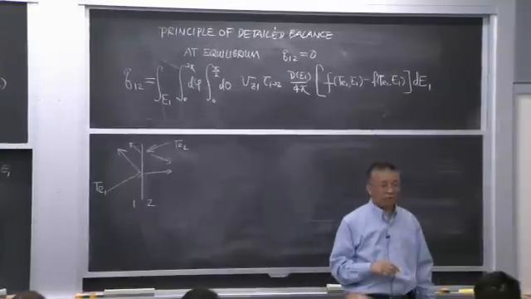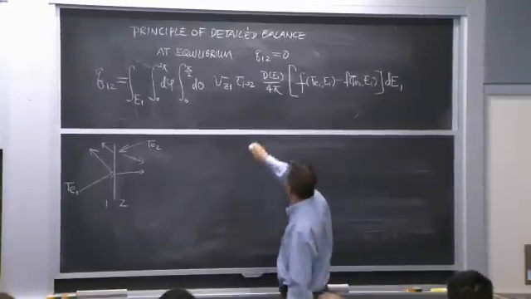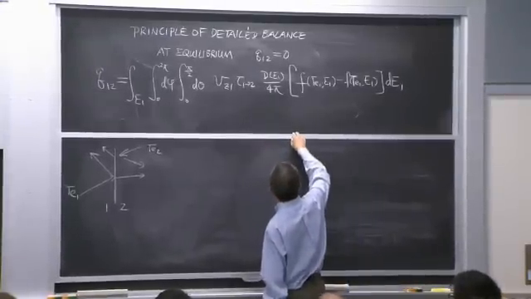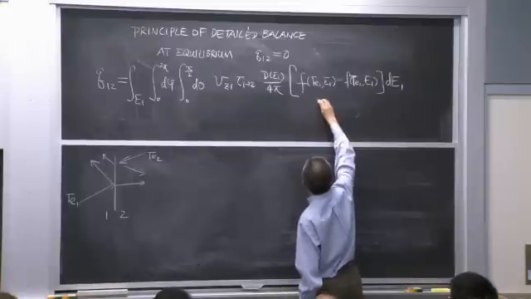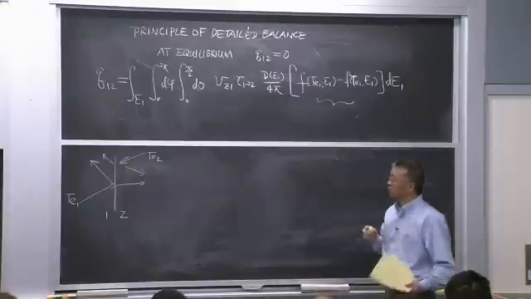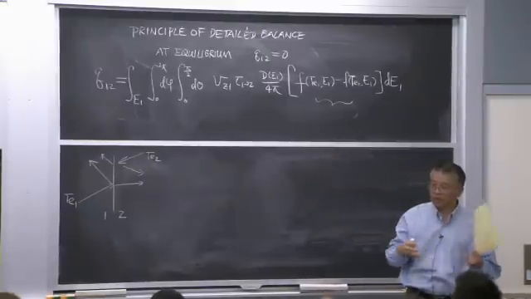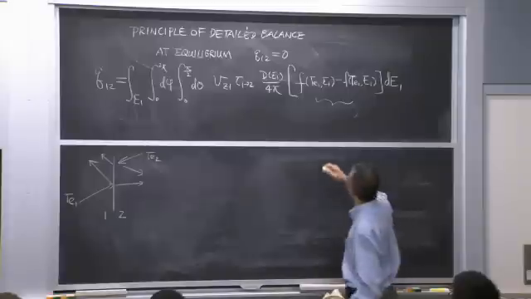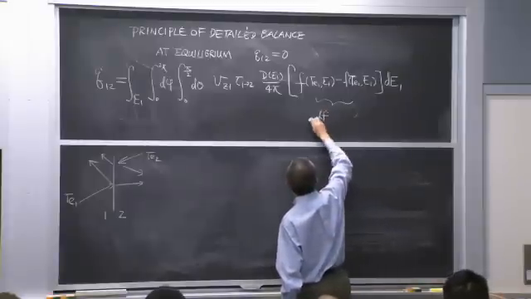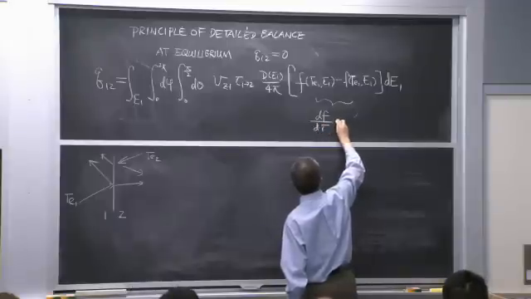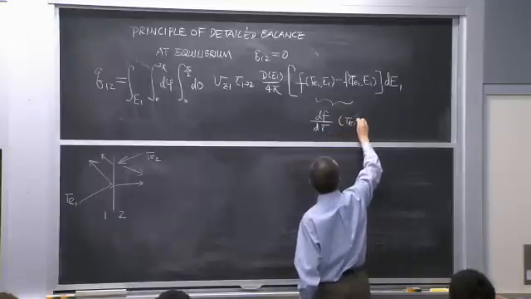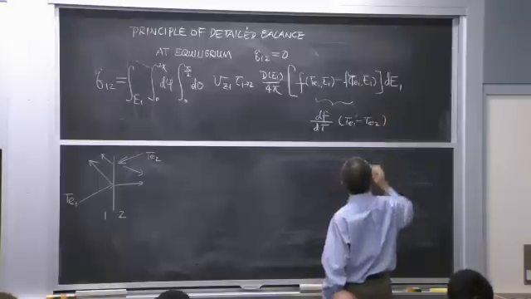So that's what happens. Based on the expression I have, if the temperature difference on the two sides is not very different, I can do a differentiation of that F. So I can write this as dF/dT times TE1 minus TE2, right?